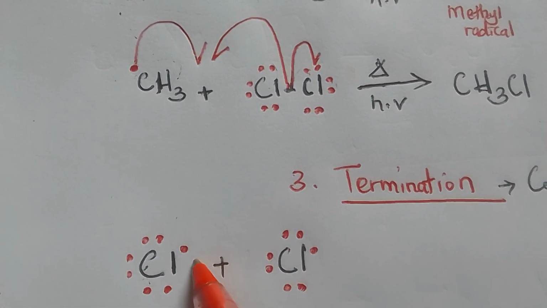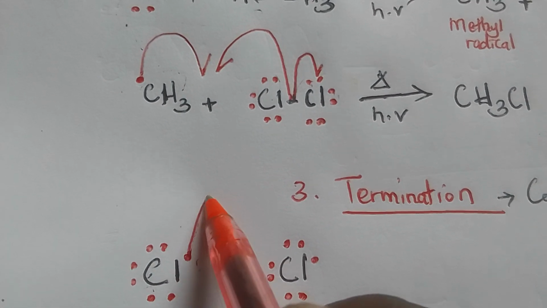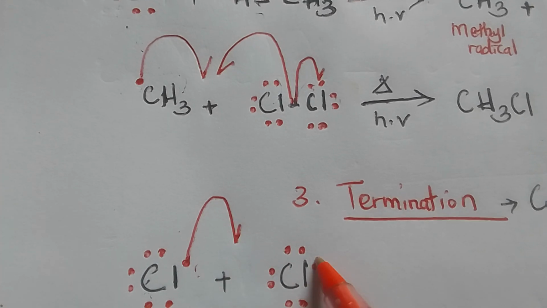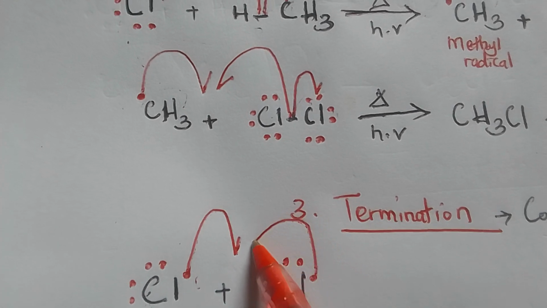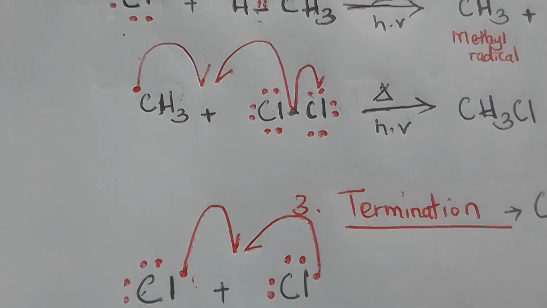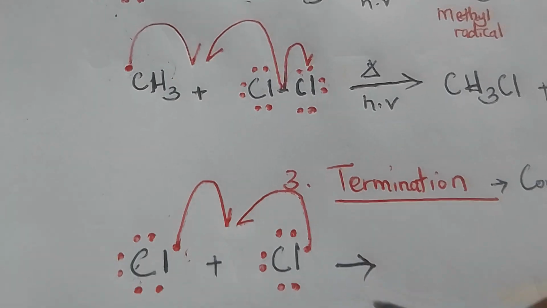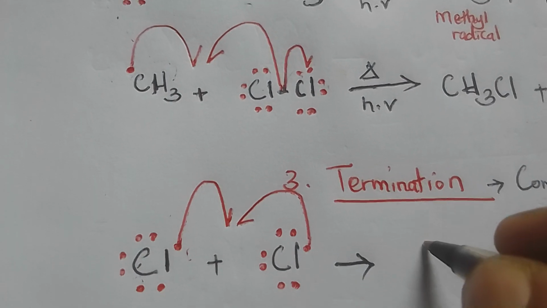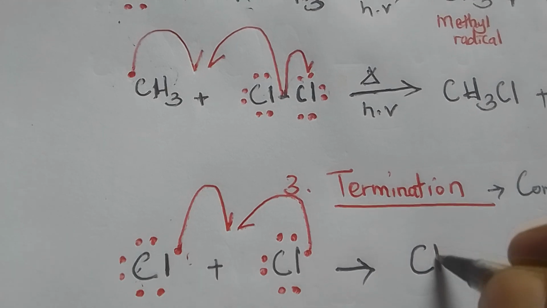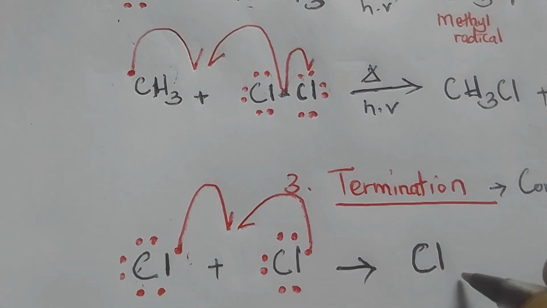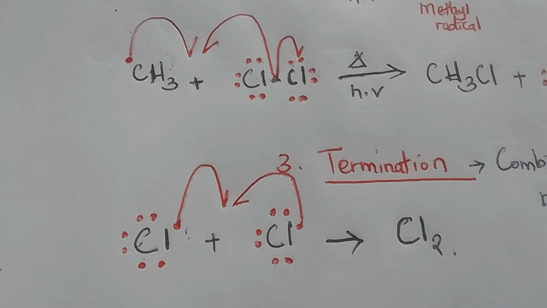So what happens is that this unpaired electron reacts with the other unpaired electron, so that at the end of the day those two chlorine radicals join together to form chlorine gas, Cl2.